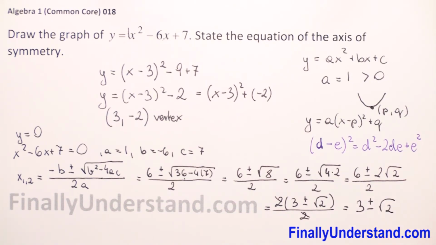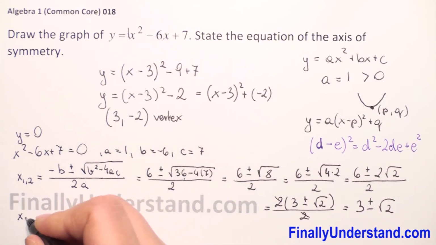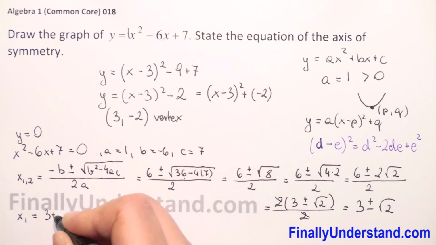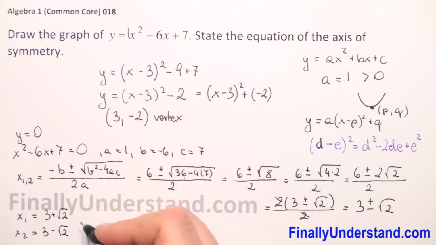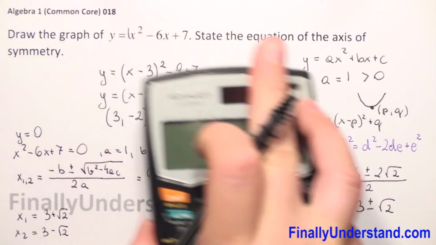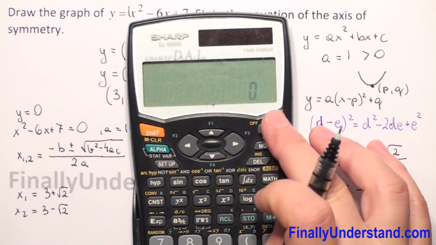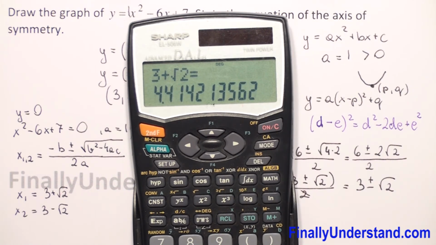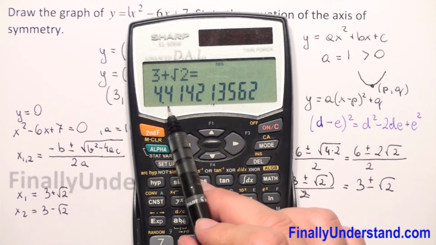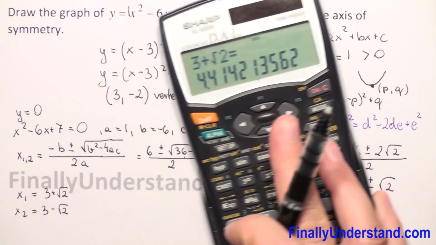So we have the points in which our parabola passes the x-axis. x1 will be 3 plus the square root of 2, x2 will be 3 minus the square root of 2. You can use a calculator. So 3 plus the square root of 2 is 4.41. Let's round to the first digit after the decimal point, so it will be 4.4.